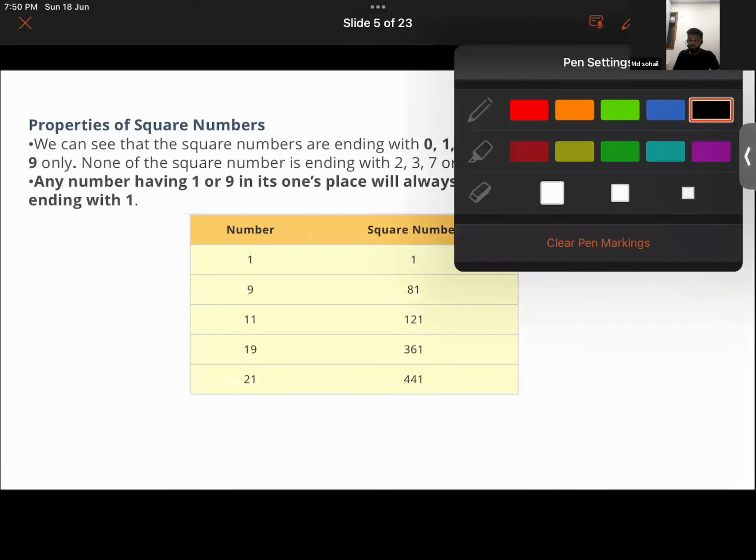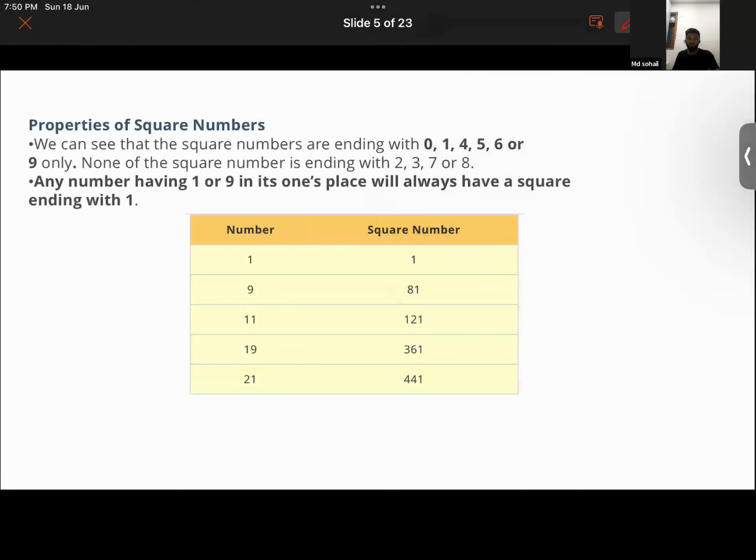Now let's talk about the different properties of square numbers. As I mentioned in the beginning, in this chapter we will be talking about different properties of square numbers. See these numbers: 0, 1, 4, 5, 6, or 9.